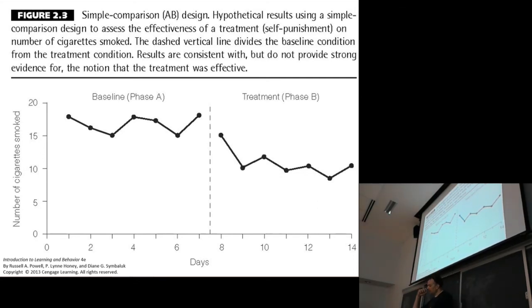Because this is not an issue with multiple subjects. If we were treating a group of 20 individuals, and all of them showed this pattern, what is the chance that every single one of them had in-laws drop by for a surprise visit on the 7th day? It's almost nothing. What's the chance that all 20 of them met somebody that disliked smokers on the 7th day?